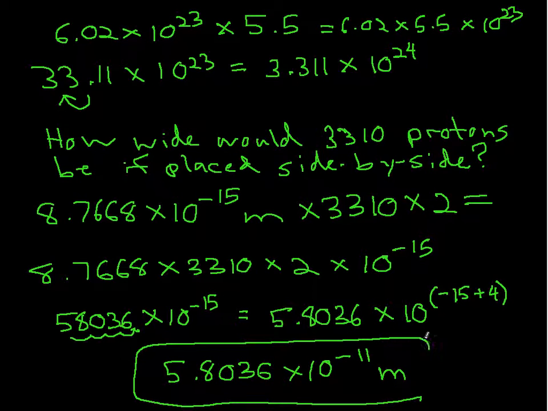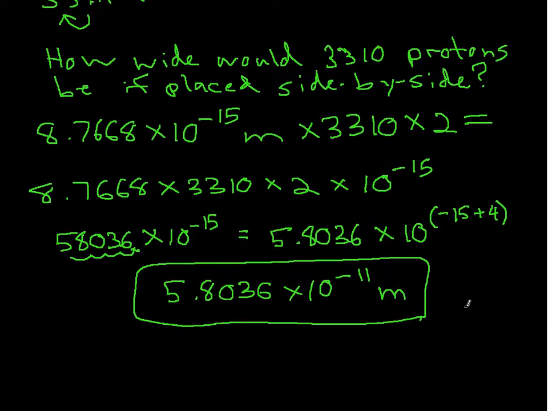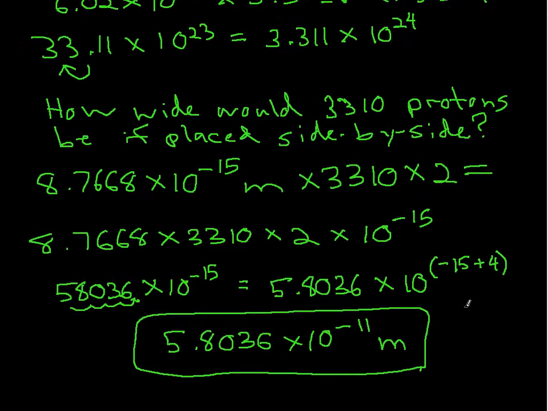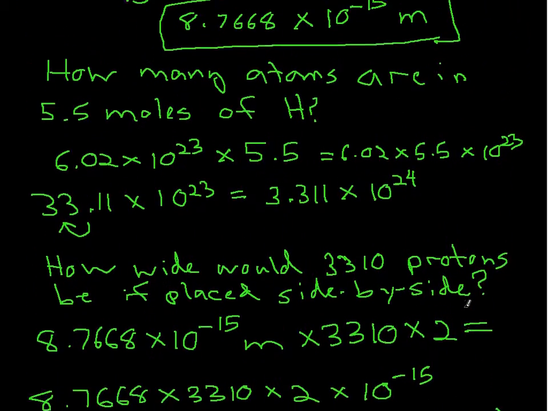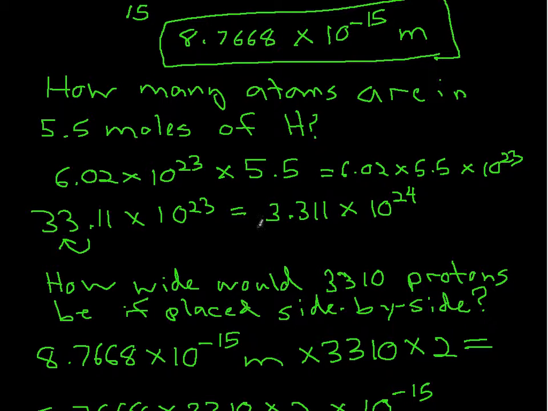And in fact, we don't exactly agree on how wide they really are. But this is just an example of working with these numbers that are in scientific notation and multiplying them and paying attention to your answer then in terms of showing it in scientific notation and dealing with these exponents.